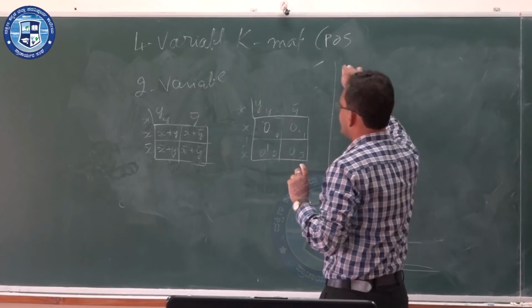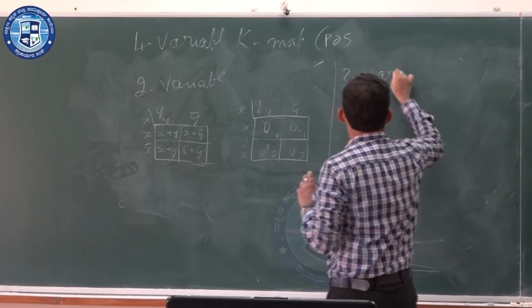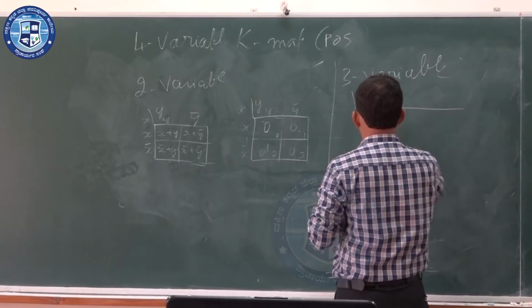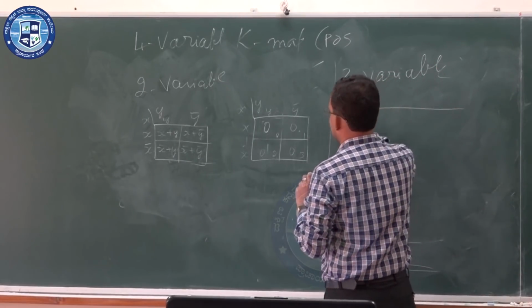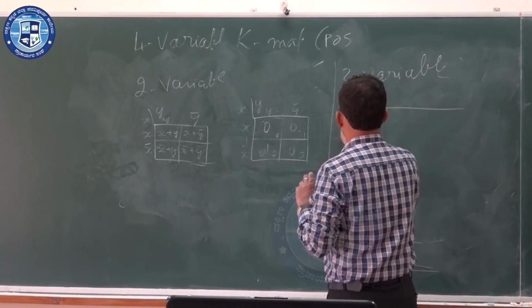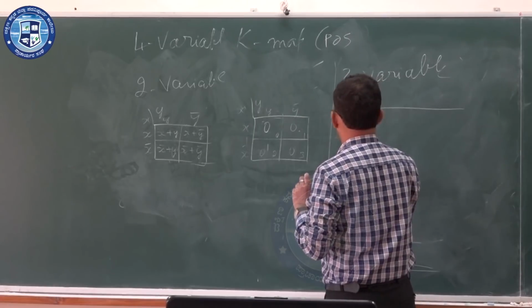Next, for 3 variables, the 3 variable general K map, that is x, y and z, x and x bar.